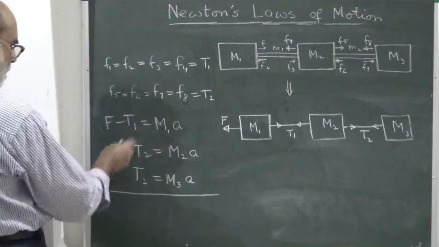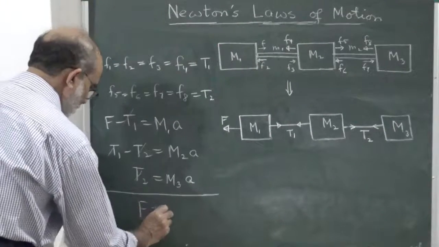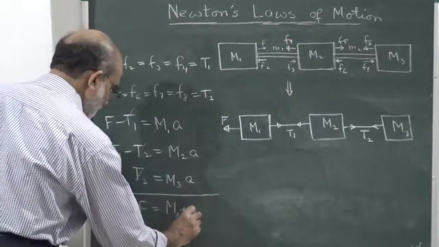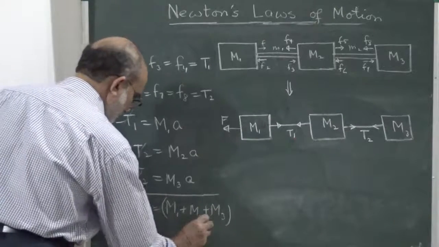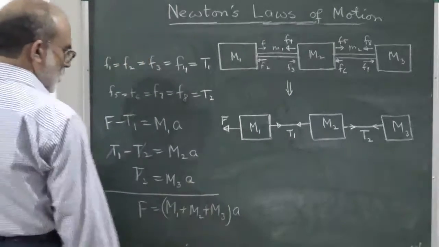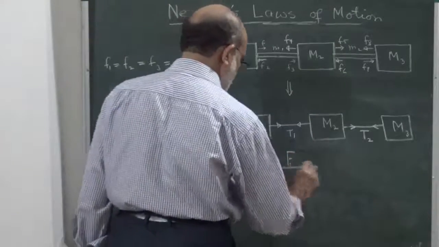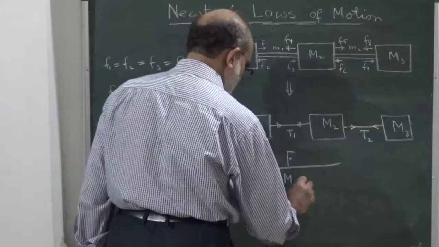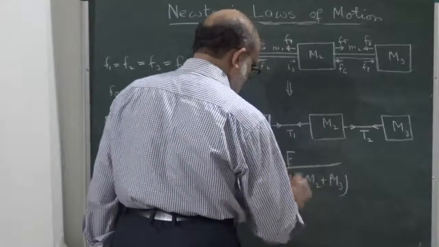Now add these, so it cancels out, and you get F is equal to M1 plus M2 plus M3 times A. So A will be F by M1 plus M2 plus M3.